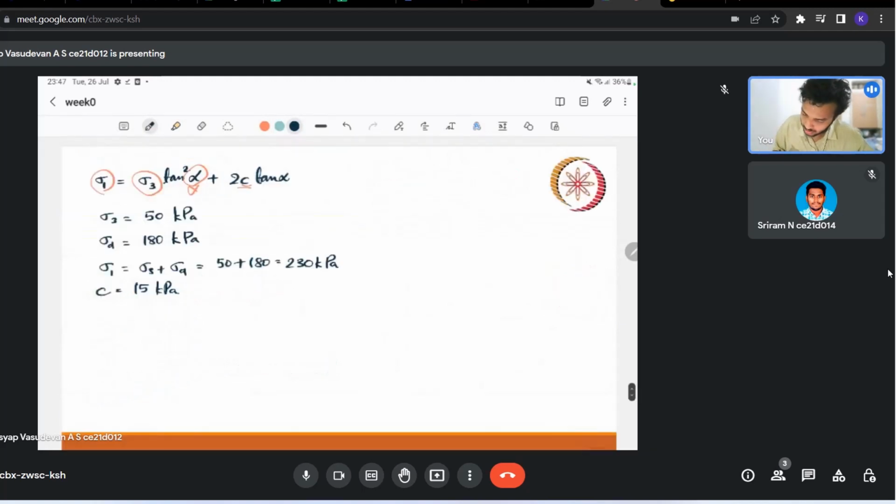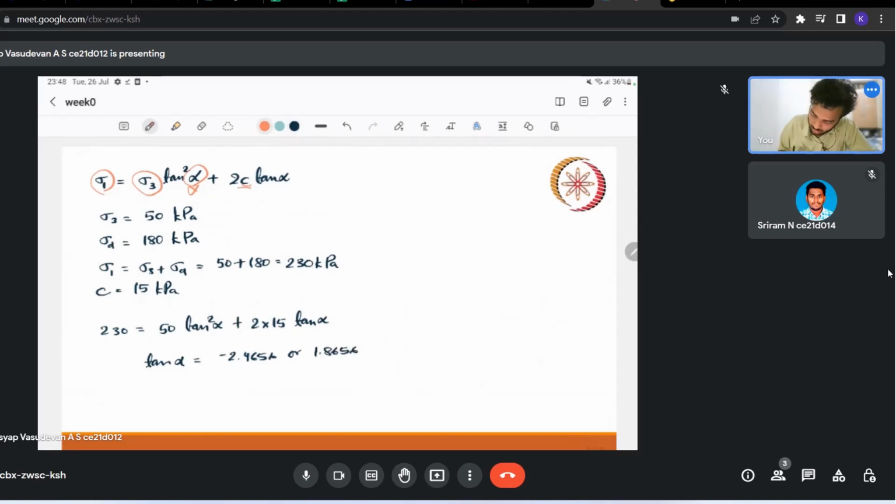So if we substitute in this equation, we get 230 is equal to 50 into tan square alpha plus 2 into 15 times 50 tan alpha. If you take tan alpha as a variable, we get a quadratic equation, and if we solve this quadratic equation, we will get tan alpha is equal to either minus 2.4656 or 1.8656.